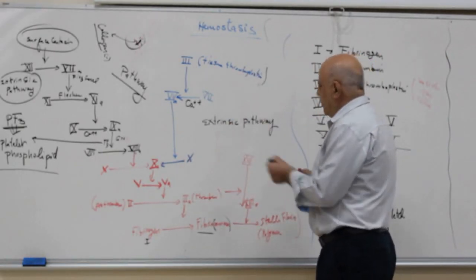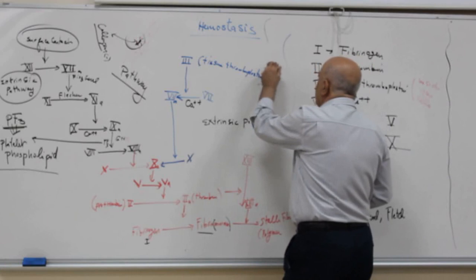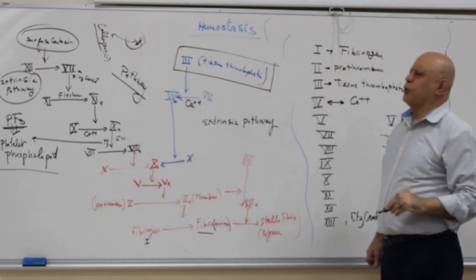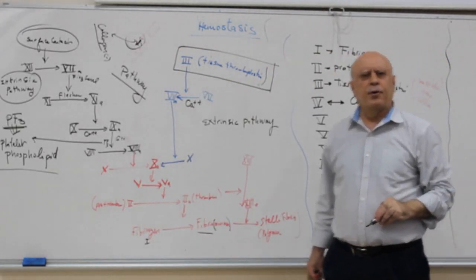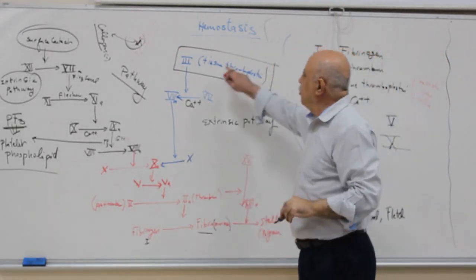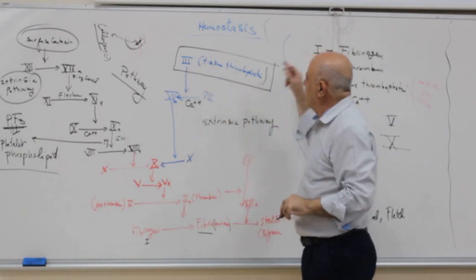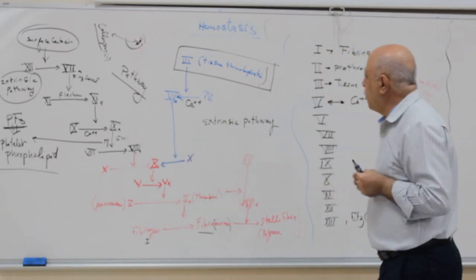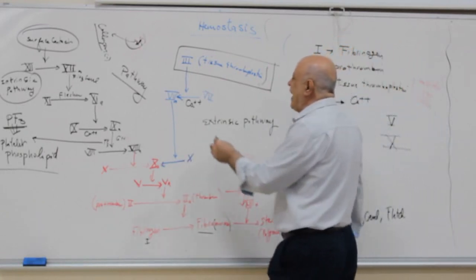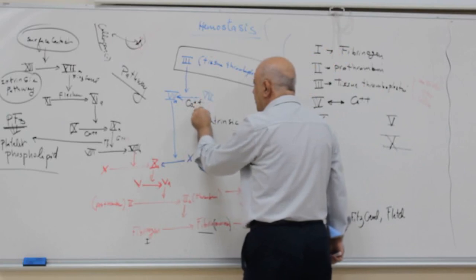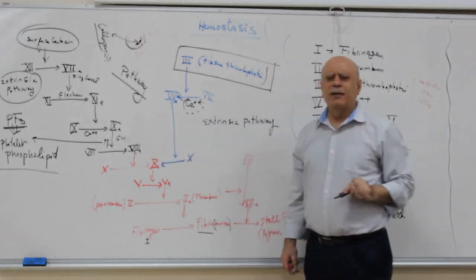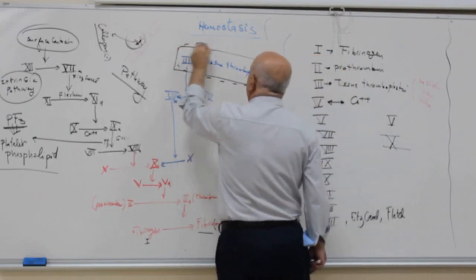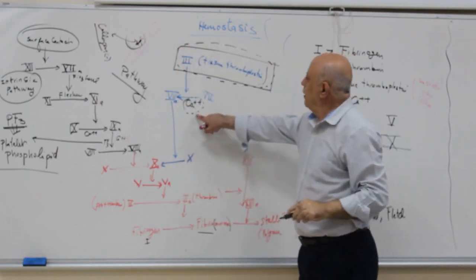What else do we need in order to get a plasma clot through the extrinsic pathway? We need tissue thromboplastin, which as I said earlier is in the tissue. So we need to add tissue thromboplastin, and we need to add calcium.